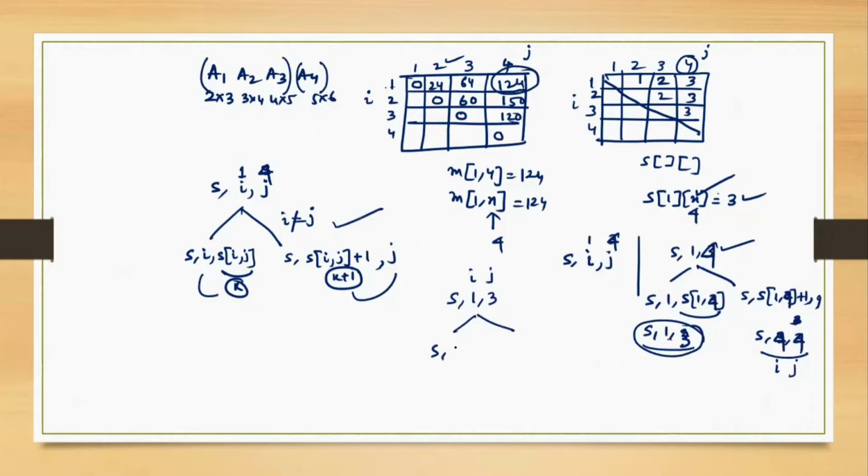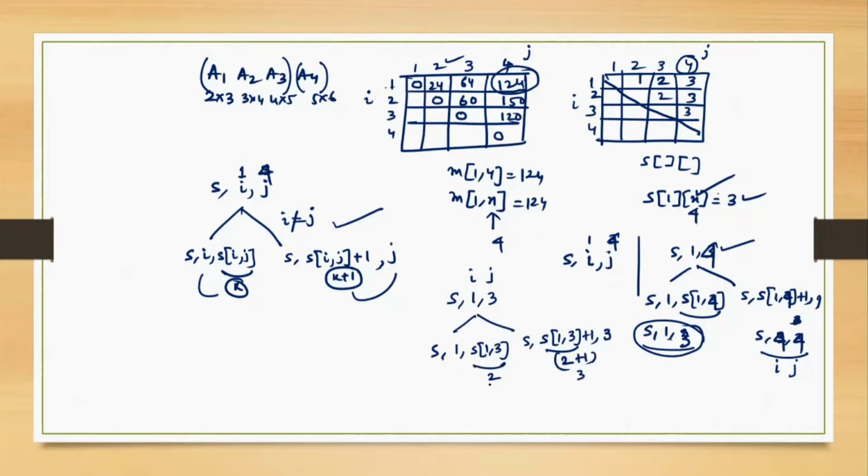formula s comma i comma s of ij, that is s of 1 3. Then s comma s of 1 3 plus 1 comma j, j means 3. So s of 1 3 is how much? That is 2. So it is 2, and 2 plus 1, that is 3.